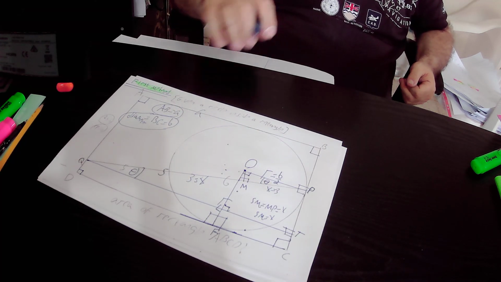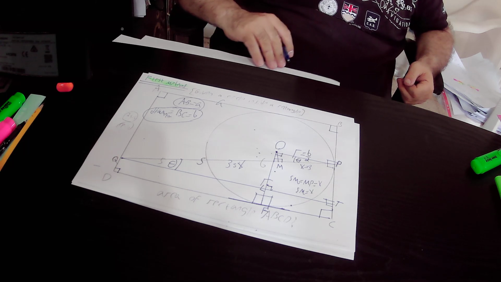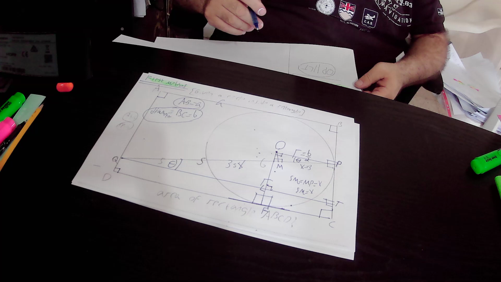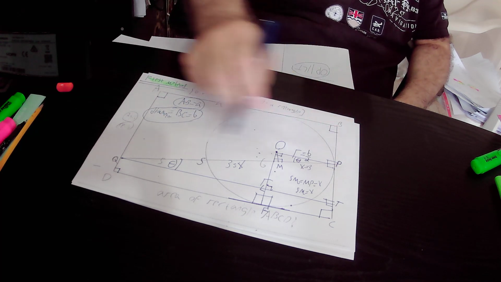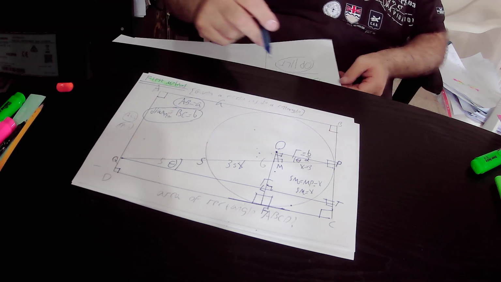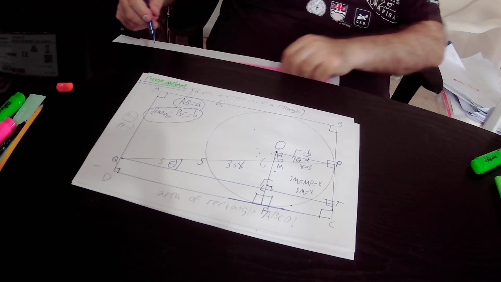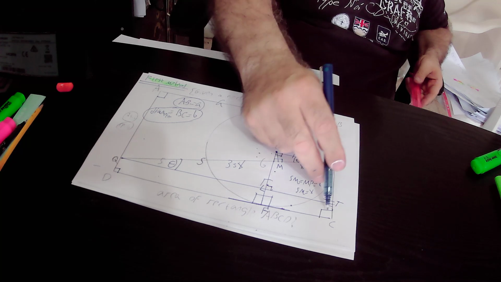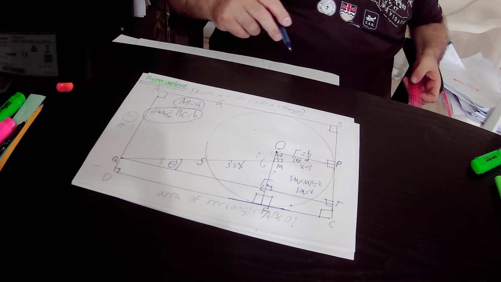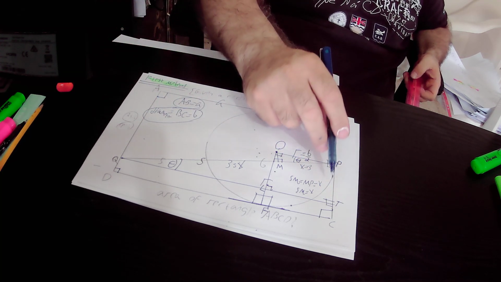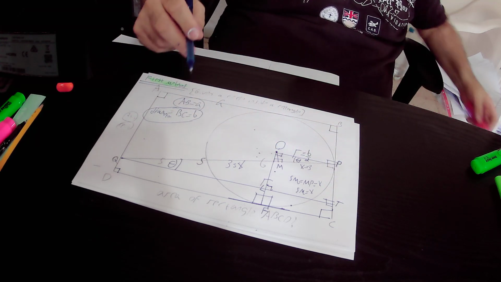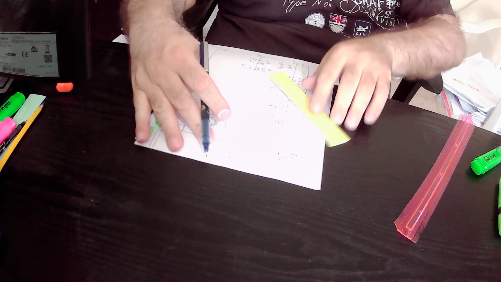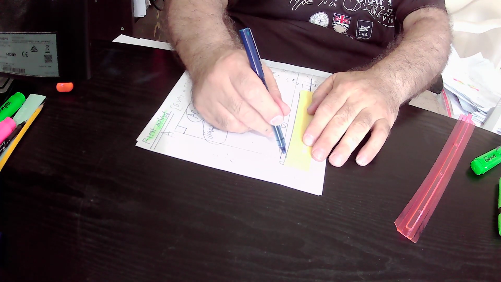In the next step, we'll focus on quadrilateral QTDC. Inside quadrilateral QTDC, we have 1, 2, 3 right angles. Therefore, the fourth angle must also be equal to 90 degrees, as I already explained to you.